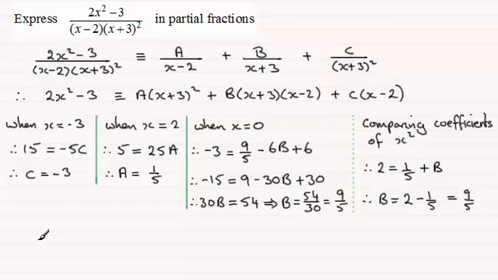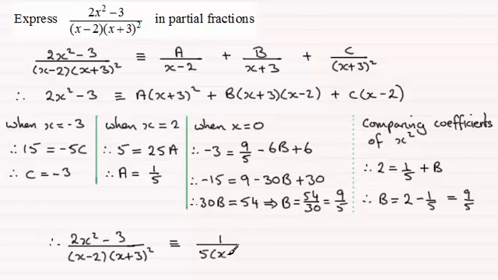So, in summary then, what we've got is therefore 2x squared minus 3 all divided by x minus 2 times x plus 3 all squared. Well, that's going to be identical then to a over x minus 2. A is a positive value, so we can just write that in first of all. 1 over 5 times x minus 2.